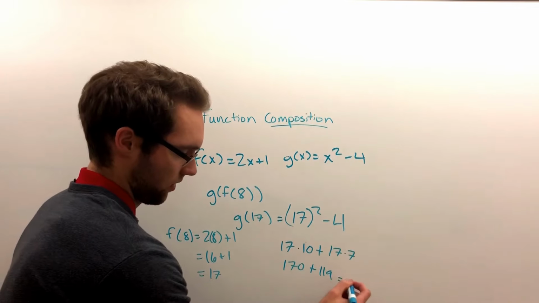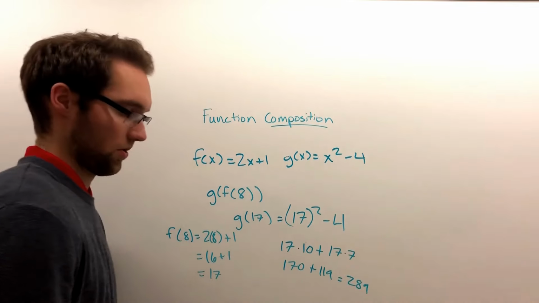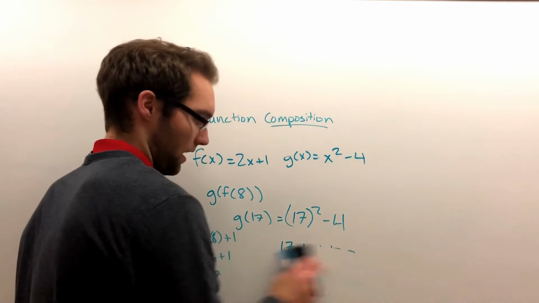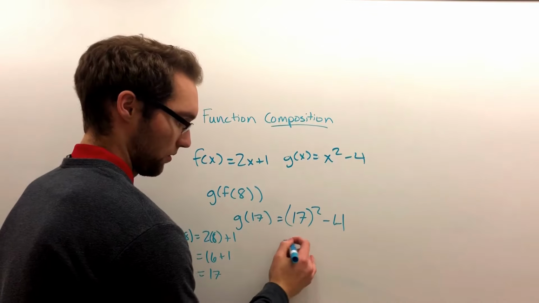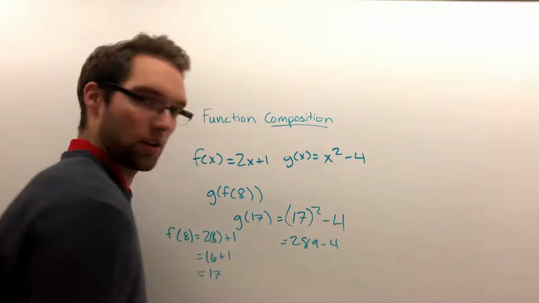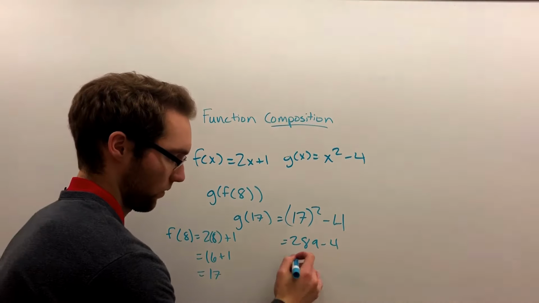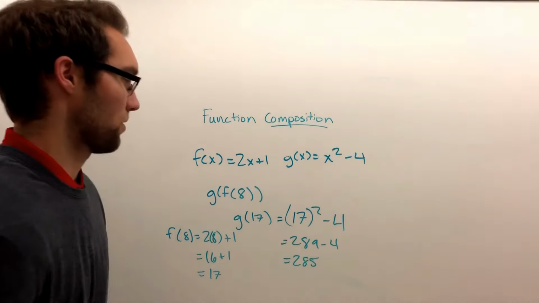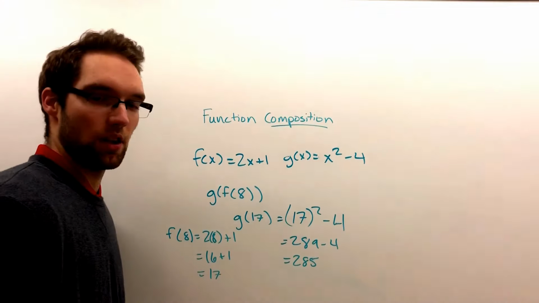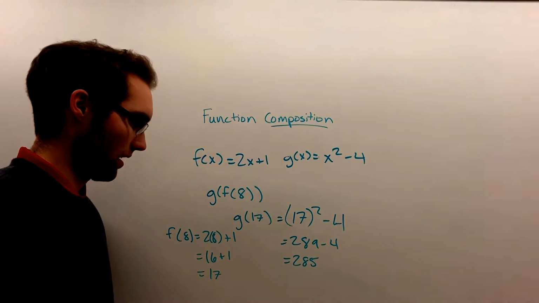Okay, so then 289. Sweet. Okay, so 289 minus 4, and then 289 minus 4 is 285. So it turns out that using my favorite number there was kind of gross, so I didn't think that through.